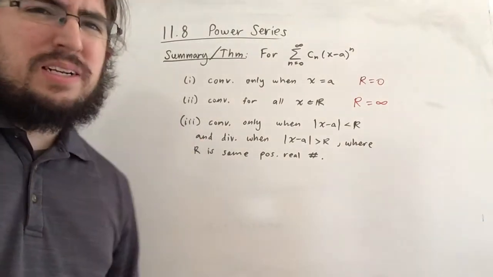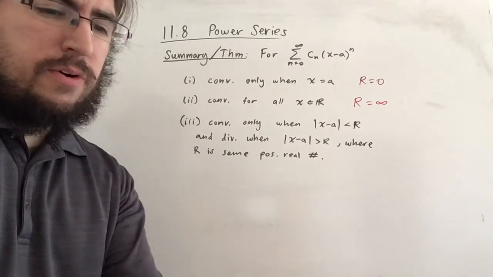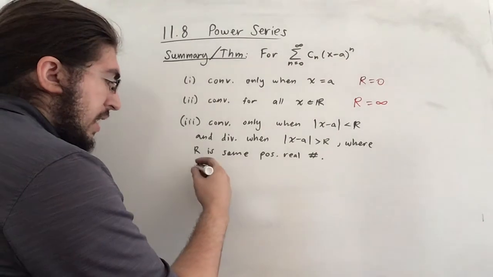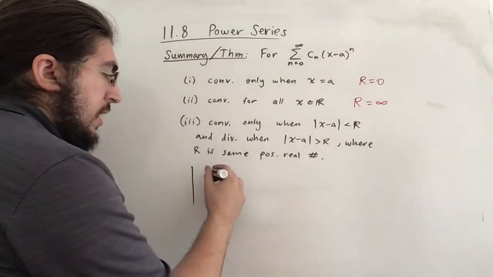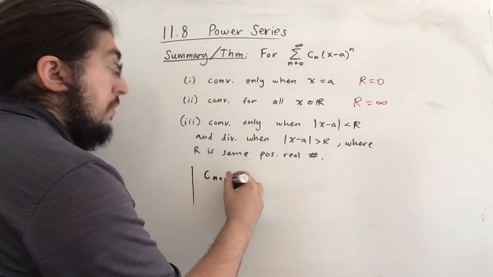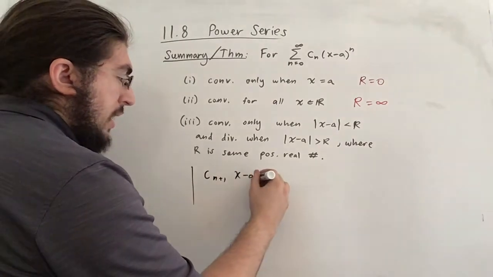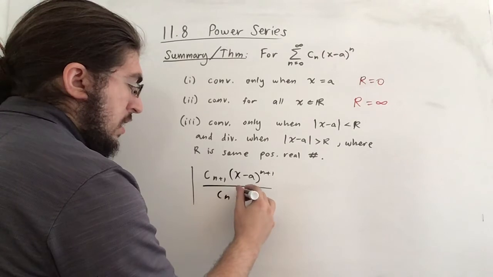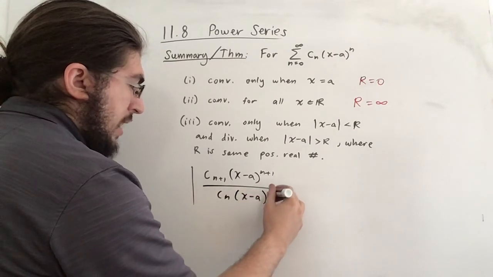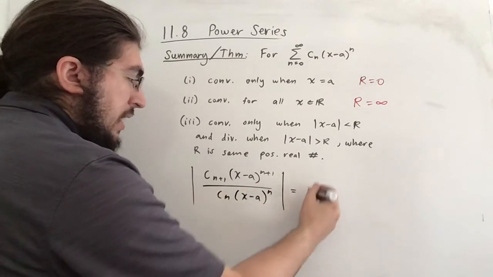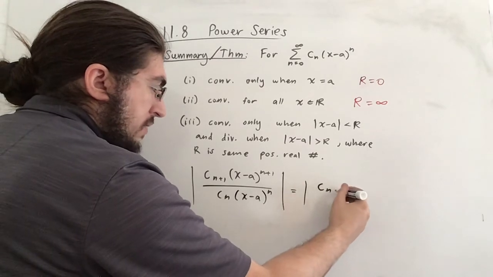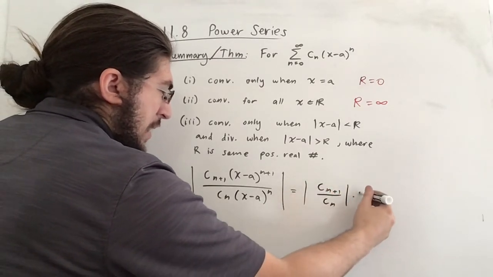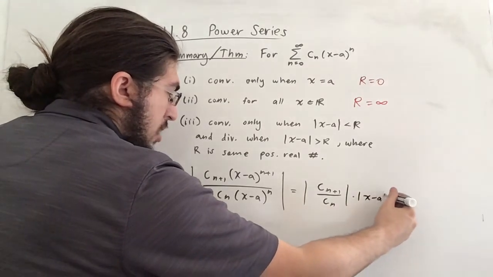And if you wanted to go a little further and convince yourself why this happens, consider the ratio test. The ratio test says that we'll have Cn plus 1 times x minus a to the n plus 1 over Cn times x minus a to the n. We'll have cancellation, and we'll have the absolute value of Cn plus 1 over Cn times the absolute value of x minus a only.